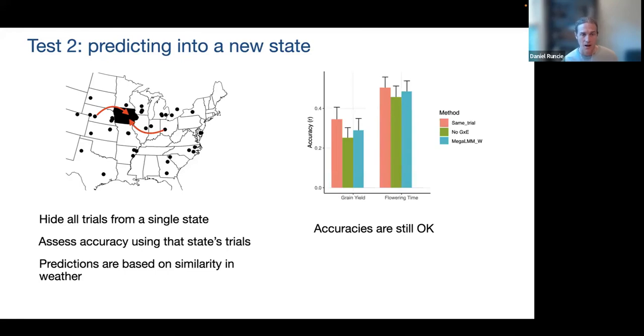And so when we do this, the accuracies are okay. They're greater than 0, but the benefit of MegaLMM, comparing blue to green, is much less than it was when we were predicting a new year in the same location. So while it looks like we're being successful, we're making somewhat better predictions using that weather and soil data, but not a lot better predictions.